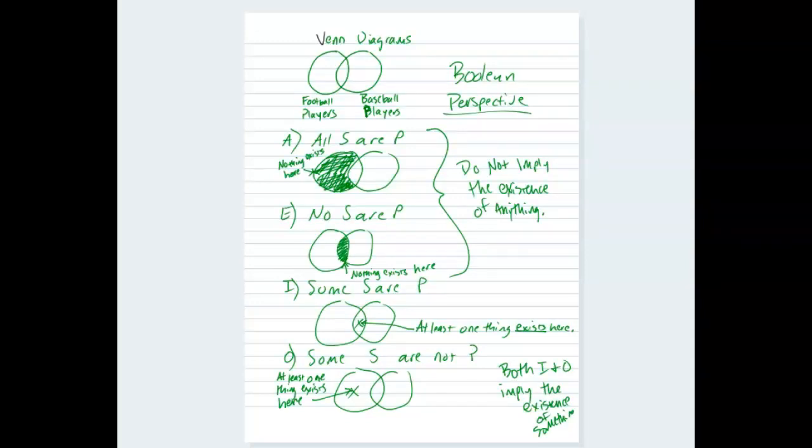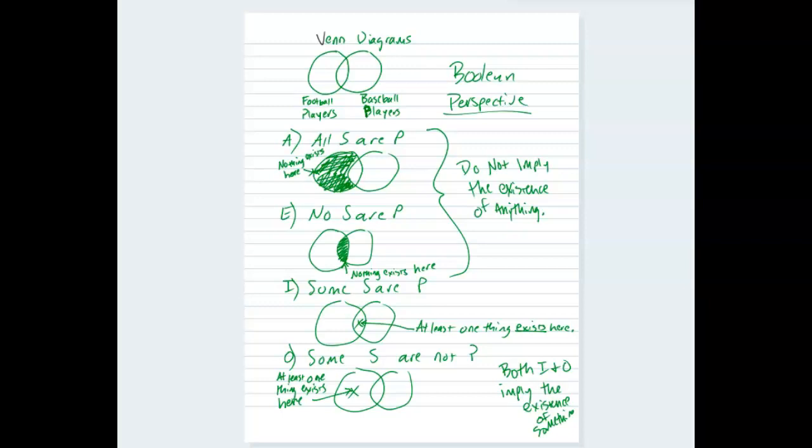Now, what's going to be important as we continue to talk about the difference between the Boolean perspective and the Aristotelian perspective is that Boole and Aristotle disagree on how to interpret A and E propositions. So in the next video, I'm going to explain the difference between Boolean and Aristotelian perspectives when it comes to what's called existential import.